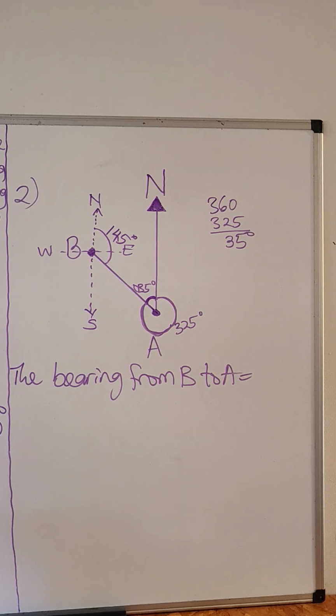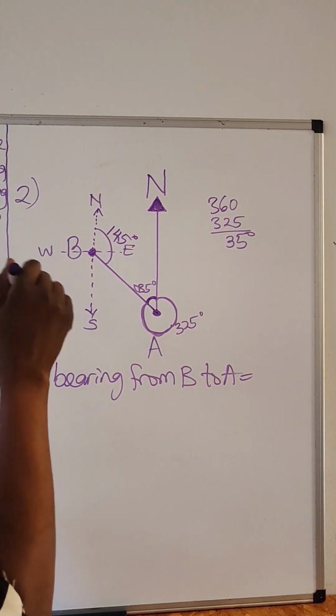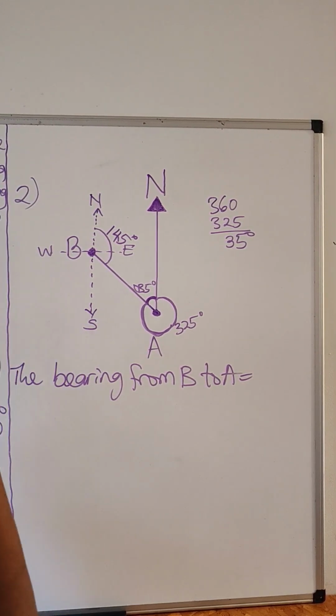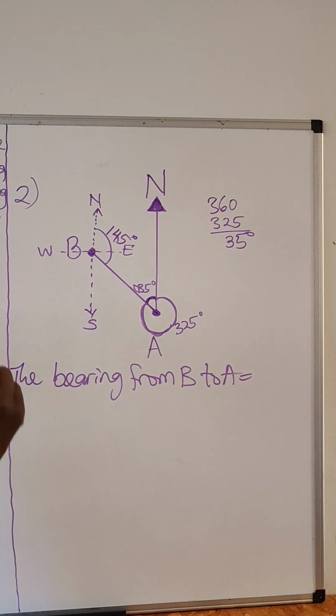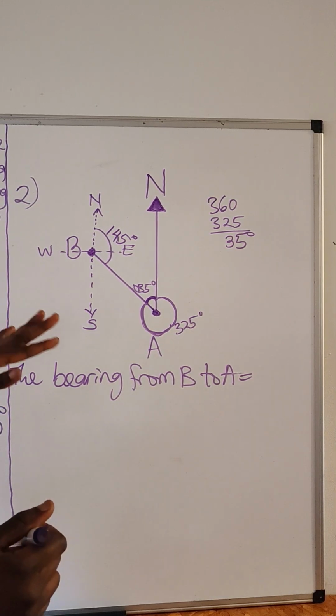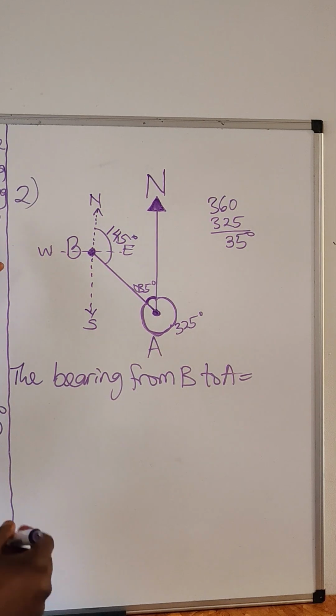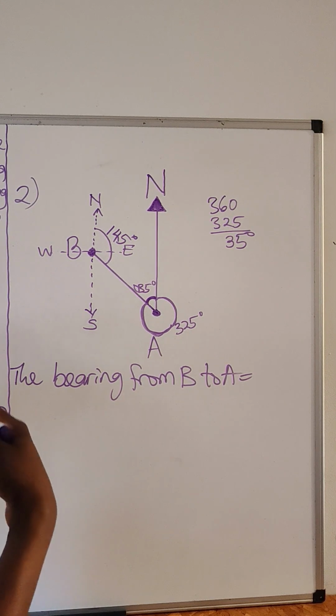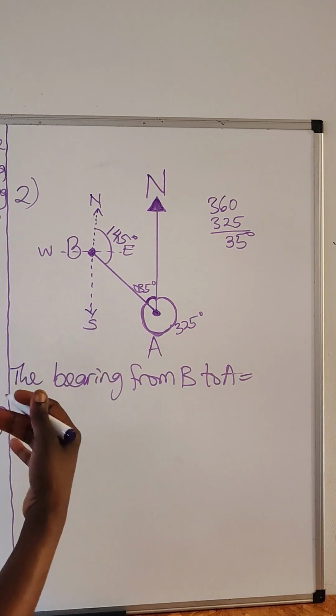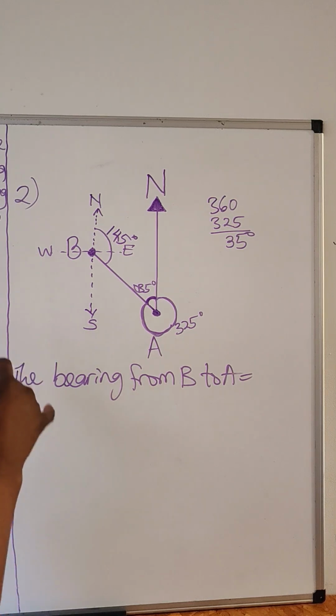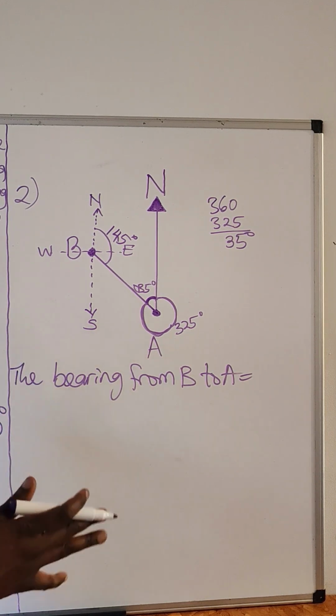When you have the bearing from A to B and you have to calculate the bearing from B to A, that is the opposite bearing.